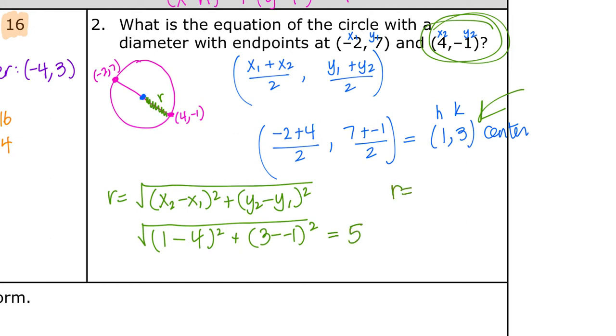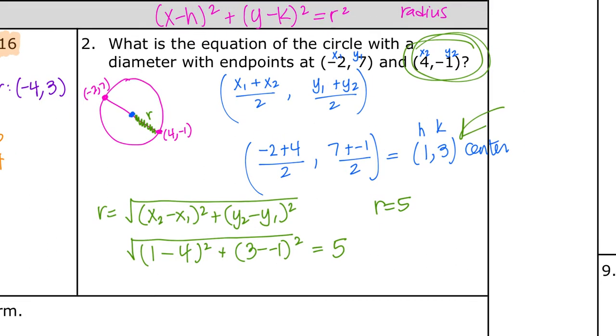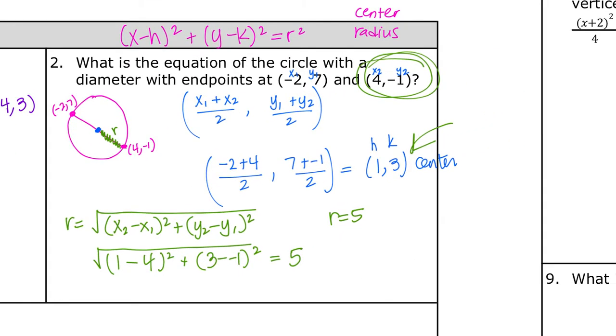So that means that our radius is 5. And now we just have to plug that into the formula of a circle. So this will be x minus h, so it's going to be minus 1 squared, plus y minus k, so y minus 3 squared, equals r squared. So you have to get that 5 and square it, so it's going to be 25.